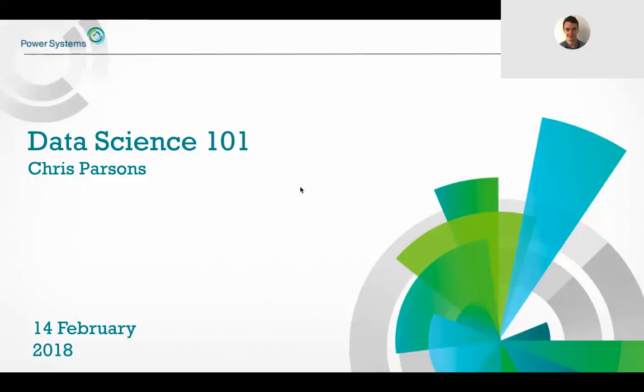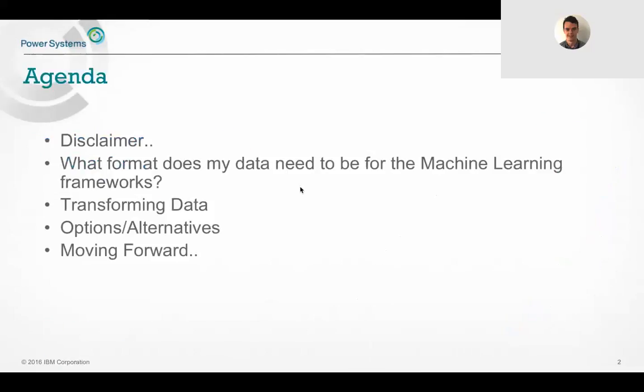So I'm just going to start by setting the scene. I've got a few slides that I wanted to run through about data science in practice. This deck, I'm going to start with a disclaimer. I'll hold my hands up, honestly say what's possible and what's not. Then talk about the format of data for doing data science, for doing machine learning, and then the process of transforming it.